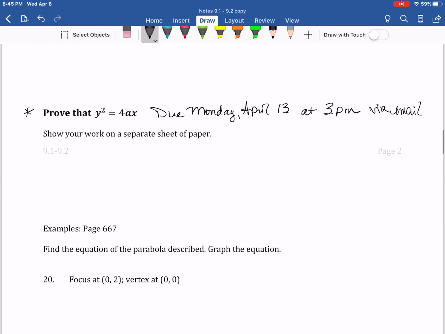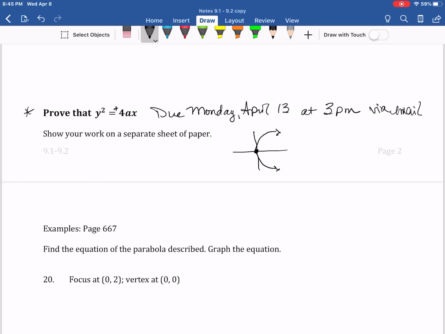Here's something to get you started. What you're going to begin with is a parabola. Once again, you can put that vertex at the origin, but this time it's going to be opening to the right because it's y squared equals a positive quantity. We learned on the first page of today's notes that means that's a parabola that opens to the right. I'm not going to fill in anything else.